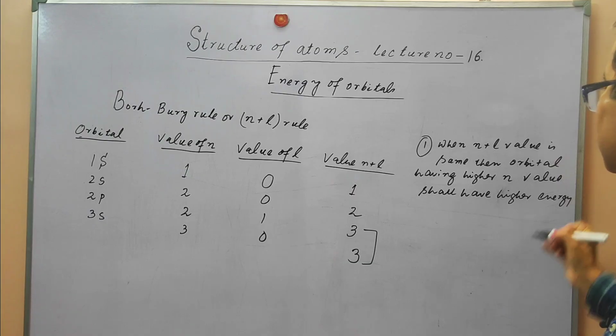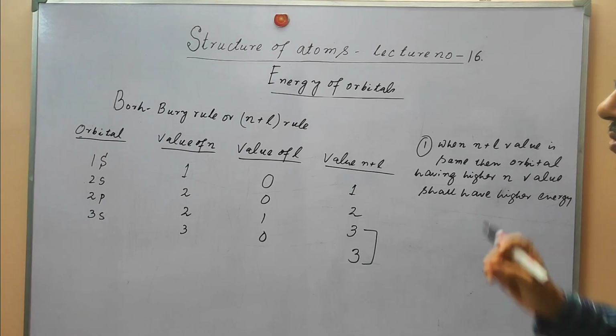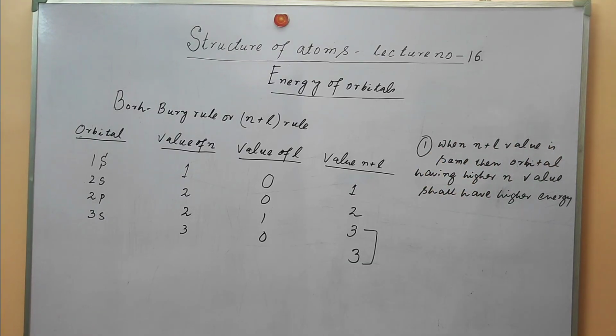So when electrons are going to be filled, they will be filled first in the 2p orbitals, then in the 3s orbitals.